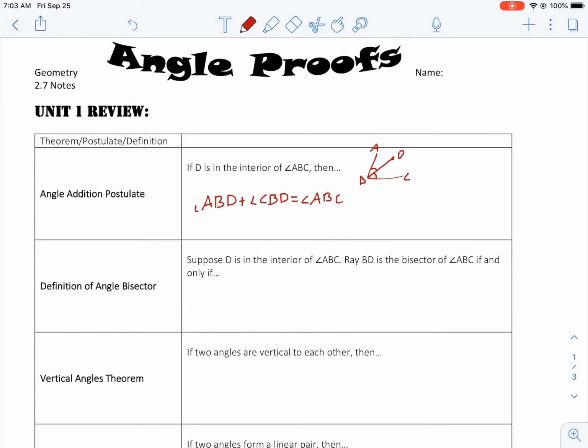A definition of angle bisector. Remember, the angle bisector is like the midpoint of angles.